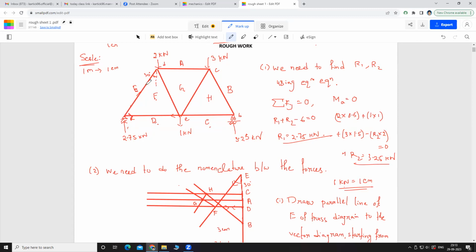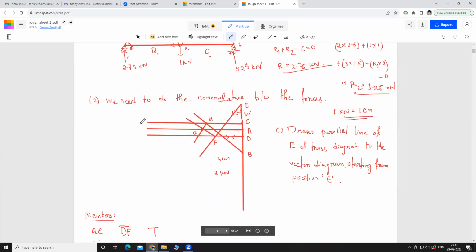This one or this one? This A end. So here it will be this one, so that means here it will be like this, and this member is in tension, no, compression. That is compression.